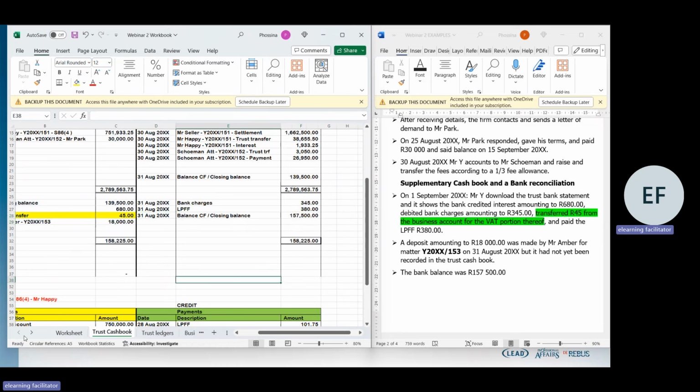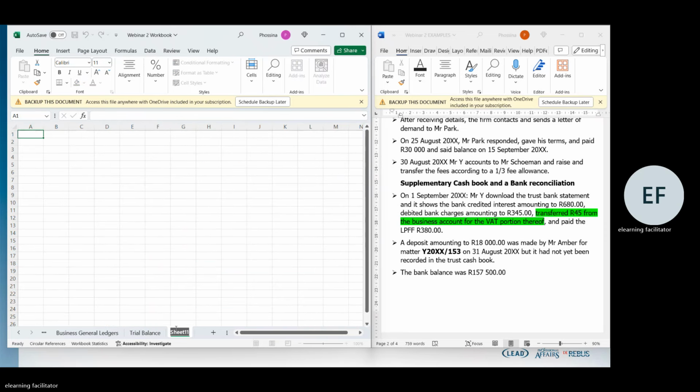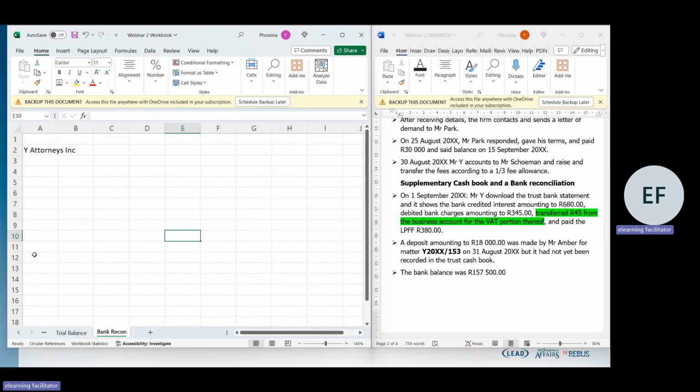So when we do our bank reconciliation, bank recon, okay. So let me extend, make it large. And this is the bank reconciliation statement for 31 August 20XX.